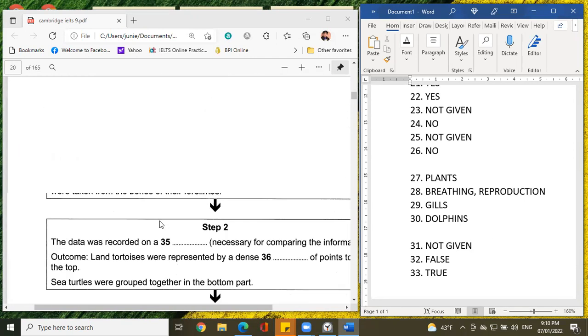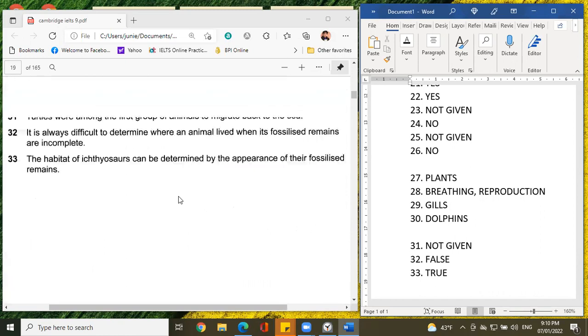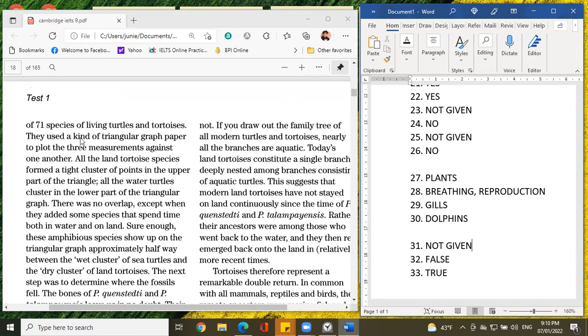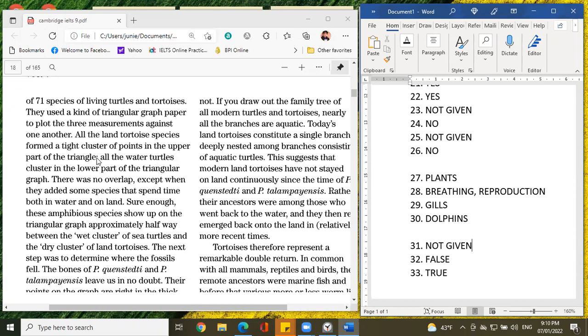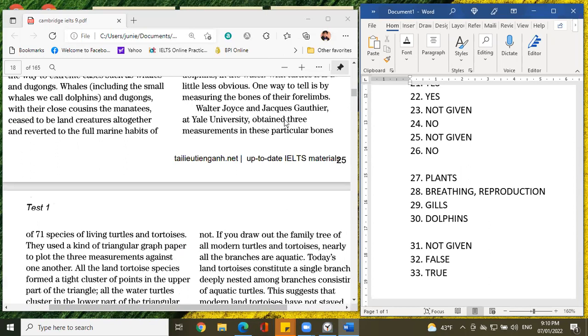So, a total of blank were taken from the bones. Ano yung bones of their forelimbs? Three measurements.